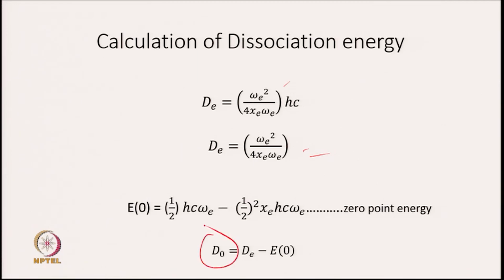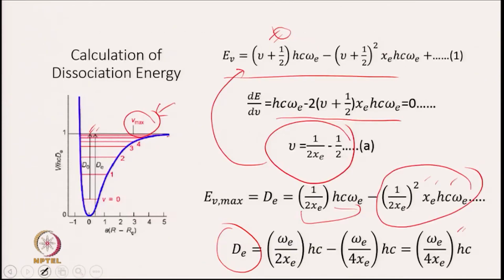So, d0 is simply dE minus E naught. If you see here, this is the energy of the vibrational level where energy is maximum, and this is your dE, whereas dE minus the zero point energy corresponding to V equal to 0 will give you the d0 value.